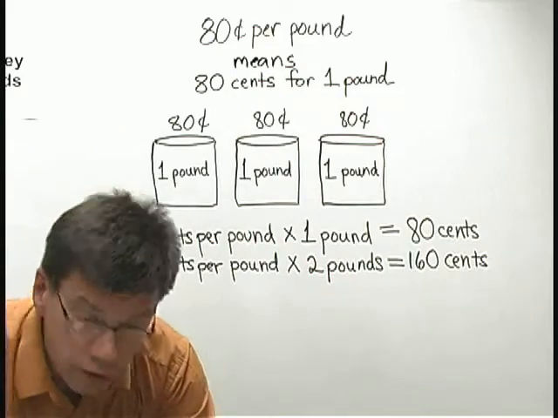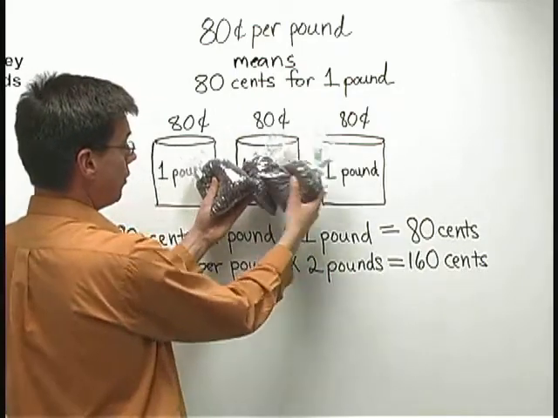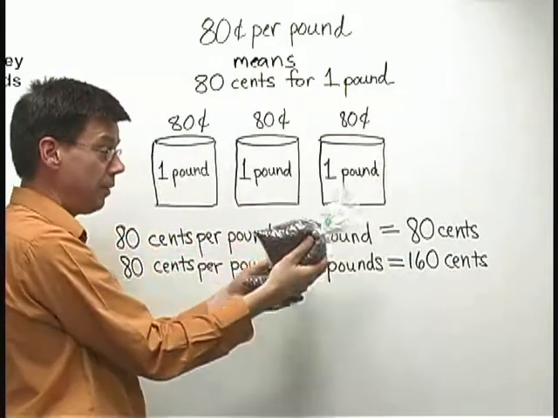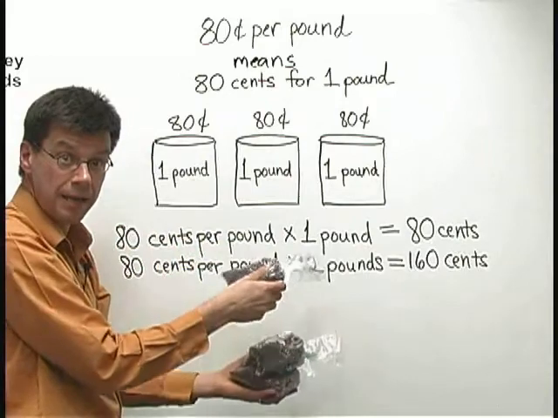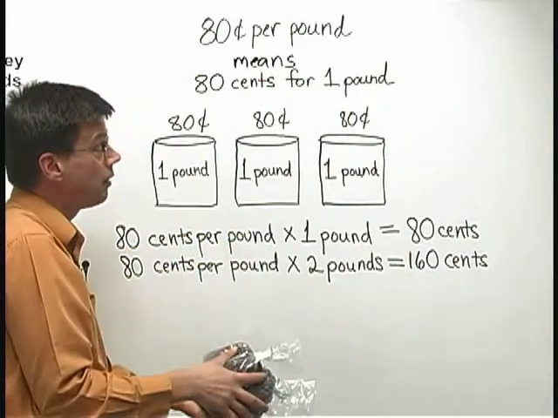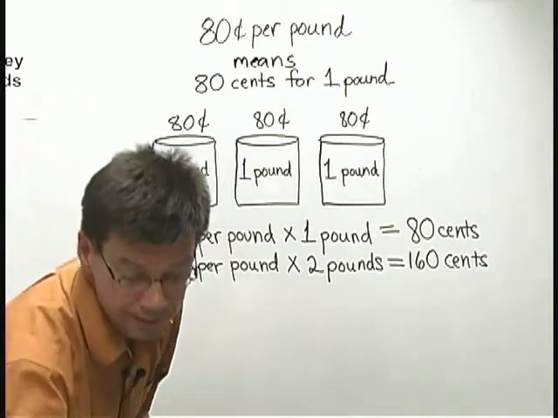And if we bought a total of 3 pounds of beans, here's 1, 2, 3 pounds of beans altogether, that's 80 plus 80 plus 80, that's 80 times 3, or 240 cents.